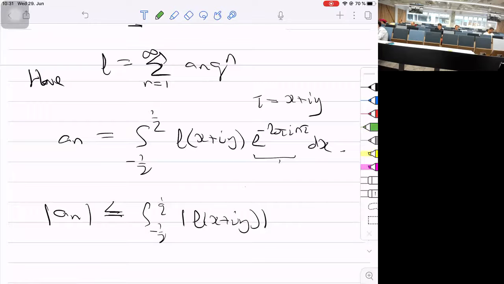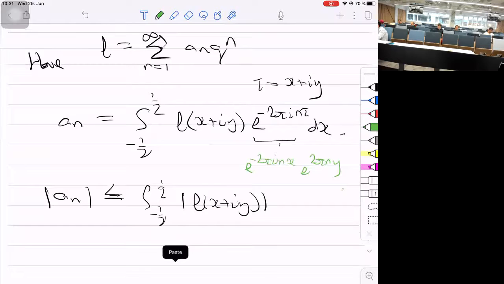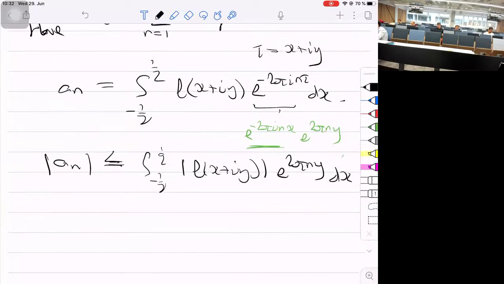And then with the usual trick of writing e to the 2 pi i n x plus i y, the purely imaginary bit there has absolute value 1, it's not going to contribute. So the integral is bounded by this integral.